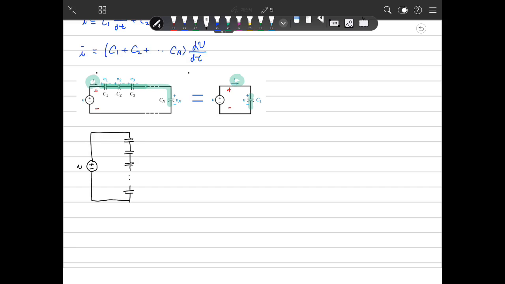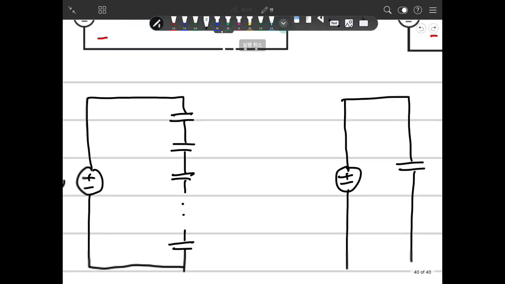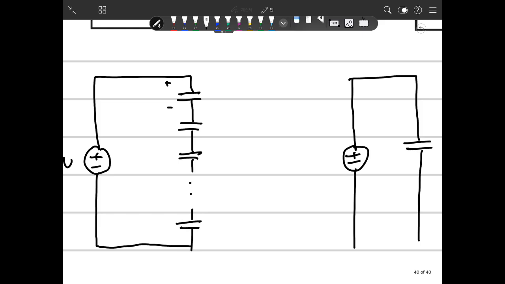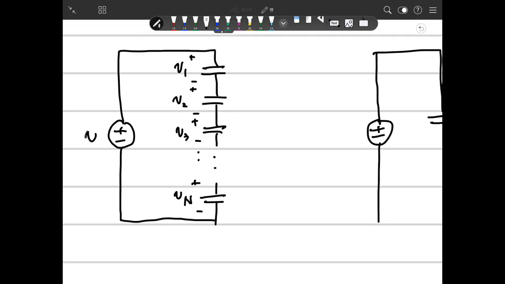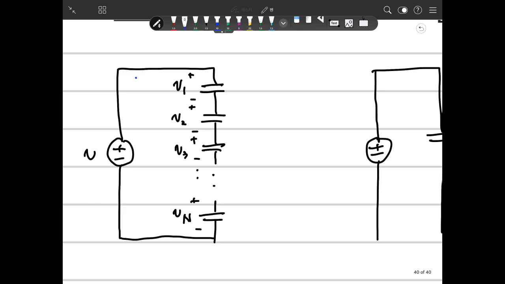And this is the same as one capacitor. So we'll define this here. This is V1, V2, V3, Vn, and the current is common.